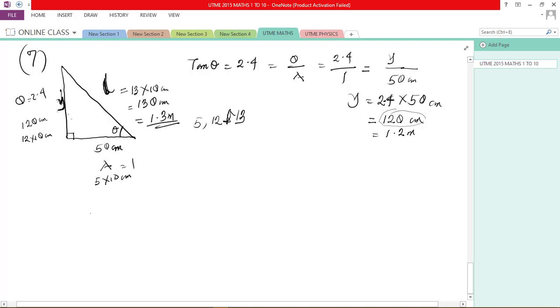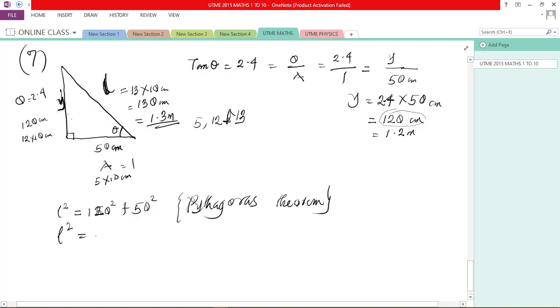In case you are still in doubt, look at what we do here. It will give you L squared, hypotenuse squared, using Pythagoras theorem, equals opposite squared, that's the 120 squared, plus the adjacent squared. But you don't waste time here.